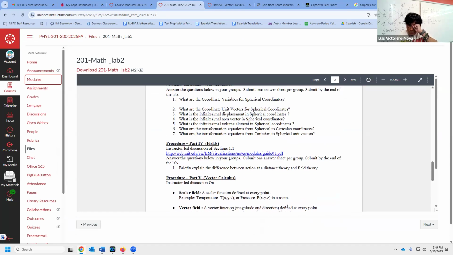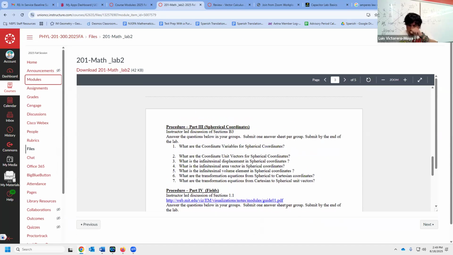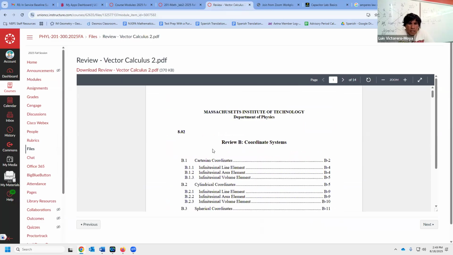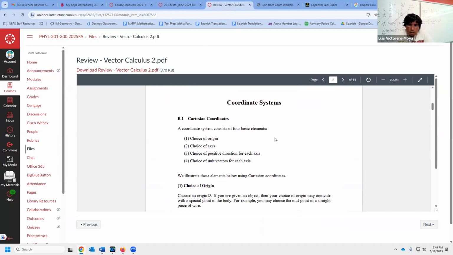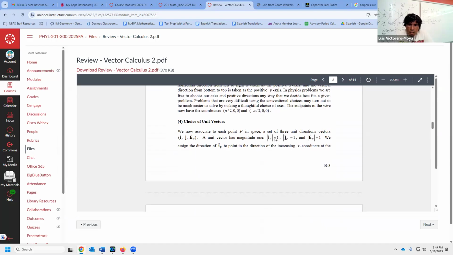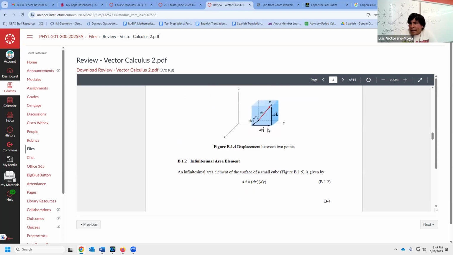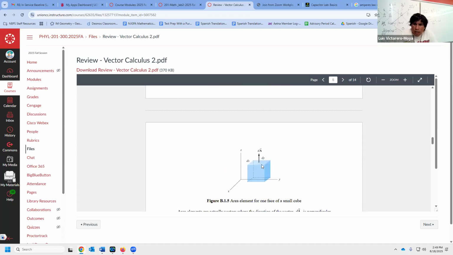Now for the first questions, part 3, 2, and 1, use this. It's going to be in the Canvas, and here they explain the x's, y's. For example, this makes sense: your differential of length, you've seen that in Physics 1. The area, dx dy, dx dz, depending on which one you are taking. Like in a square or in a cube, you can take the top face, the lateral face, or the ones on the sides.